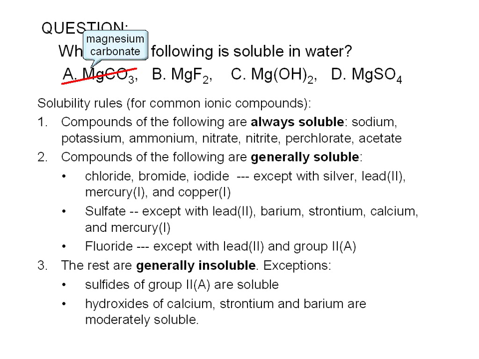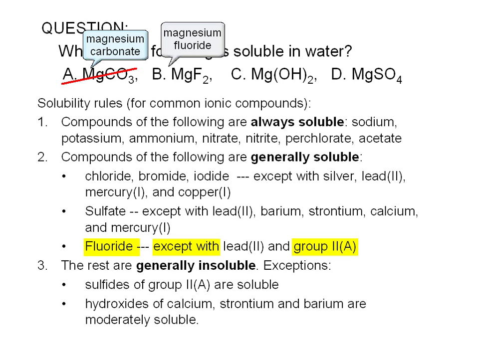How about choice B, magnesium fluoride? Again, Rule 1 does not apply. Rule 2 applies in this case. Rule 2 tells us that fluorides are generally soluble. However, magnesium fluoride is an exception.